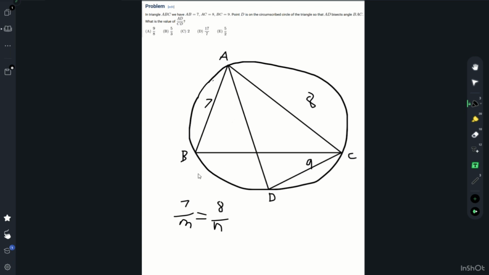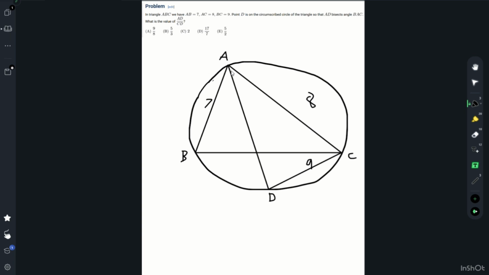So we can use that to find AD over CD because of similarity. Well, this will actually be a later step, but remember the angle bisector theorem for now. First of all, we have to use similarity.